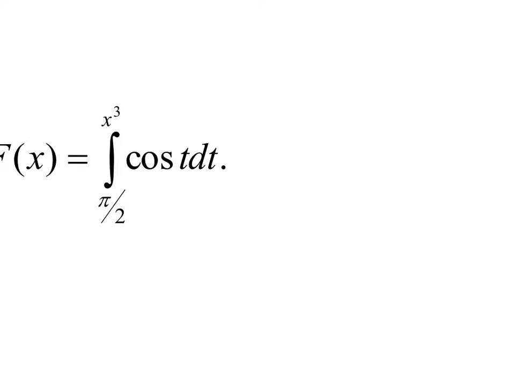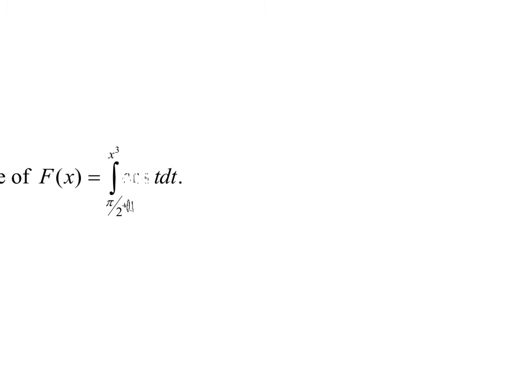So let's make this a plus 0.1. So we're past the asymptote there. And we'll assume x cubed stops before we hit the next one. And we're going to make this secant squared of t. Okay.